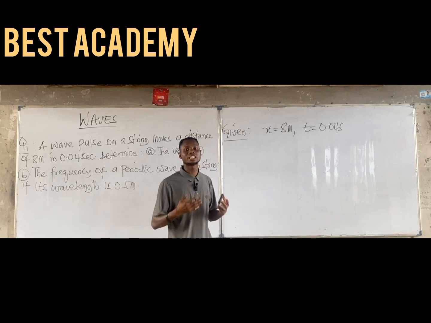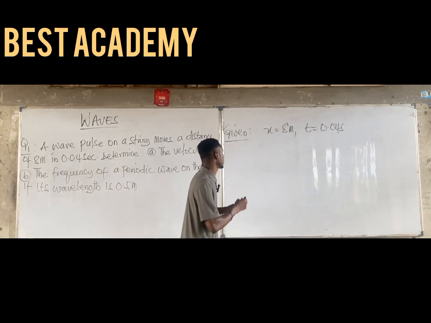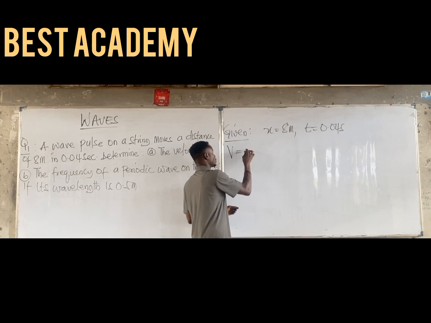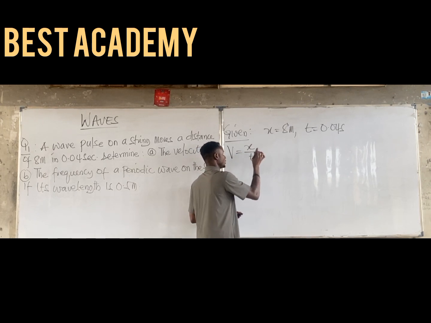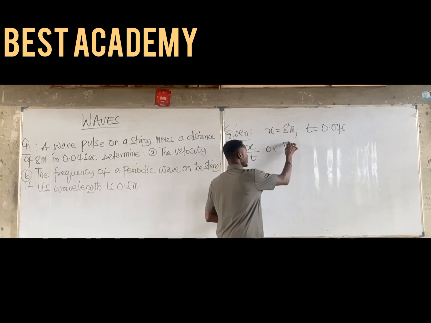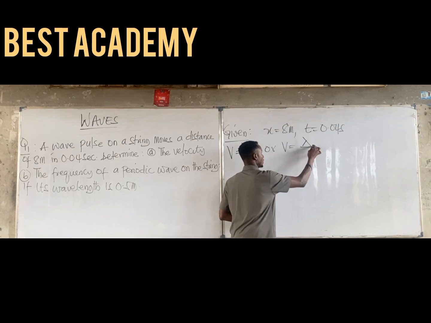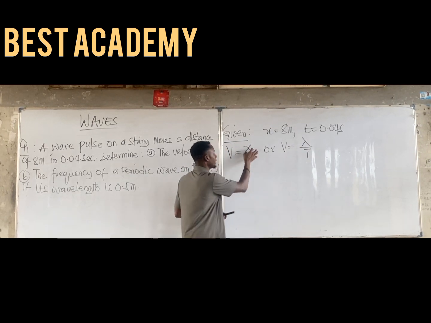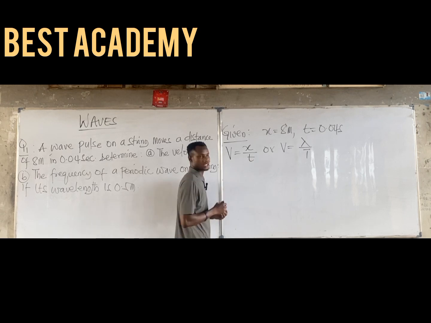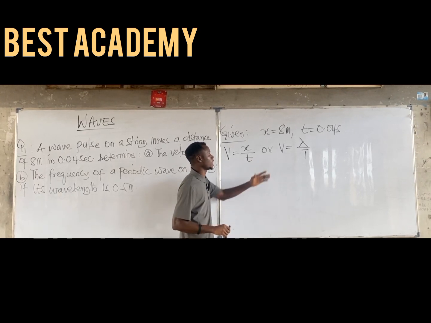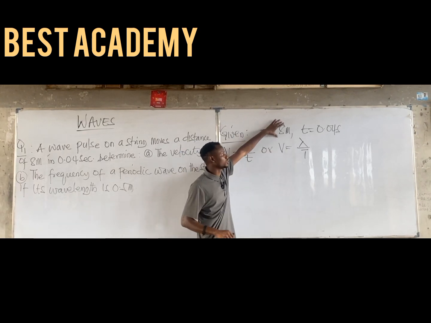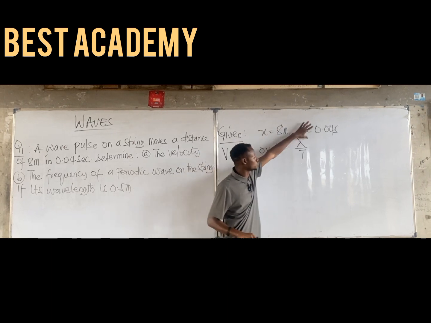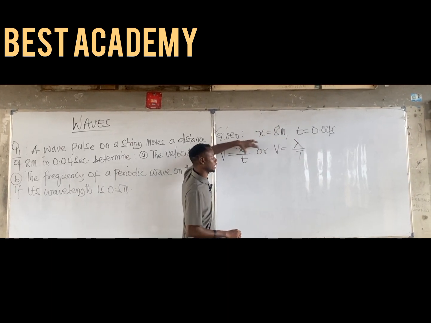We also have, relating to wavelength, v equal to x over t, or v equal to lambda over period. Lambda always goes with period, please take note. While normal distance will go with normal time. So if you look into these parameters, what is given to us is normal distance and normal time. I'm going to take this formula, not this formula here.